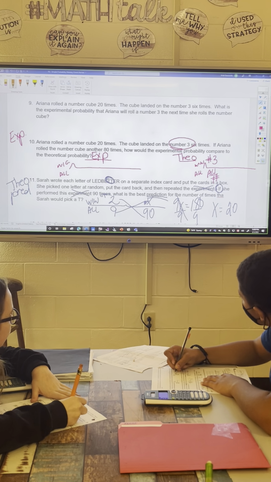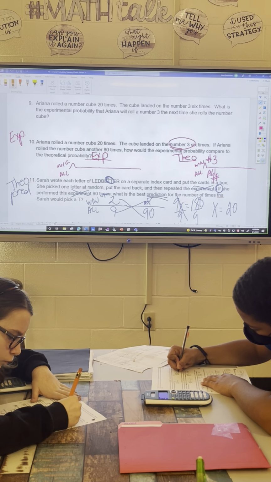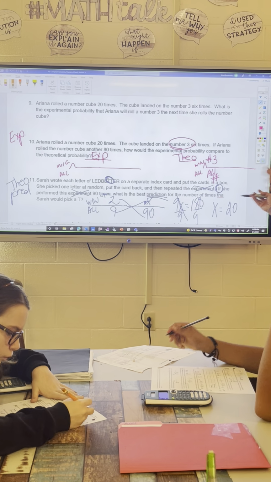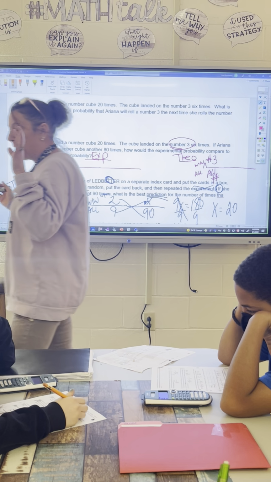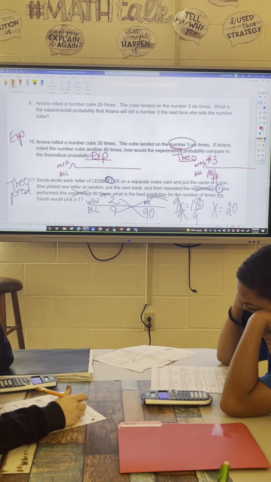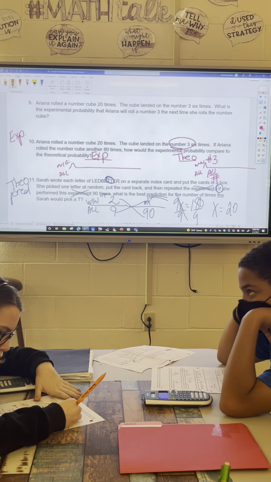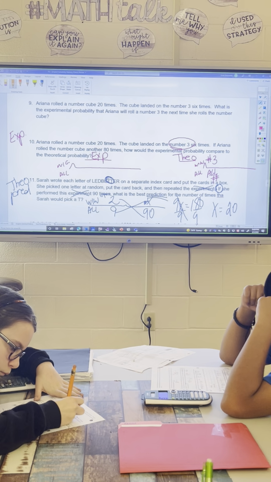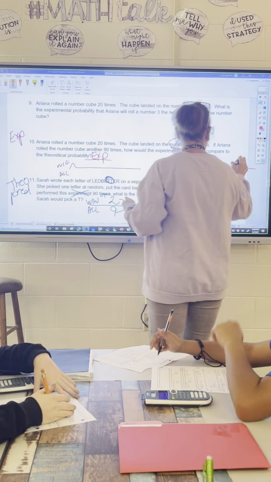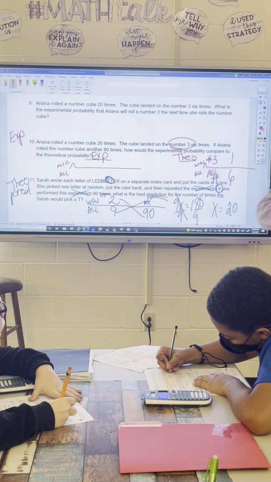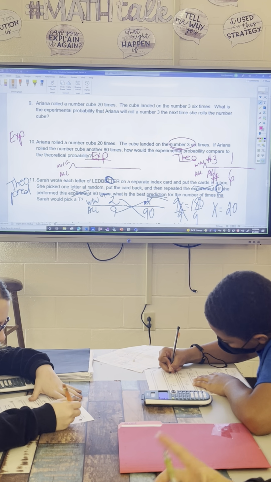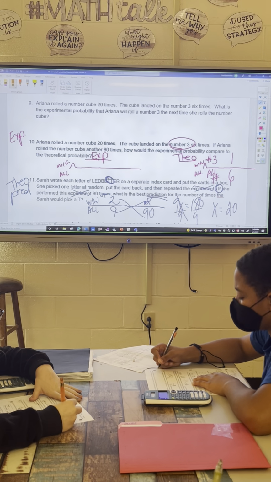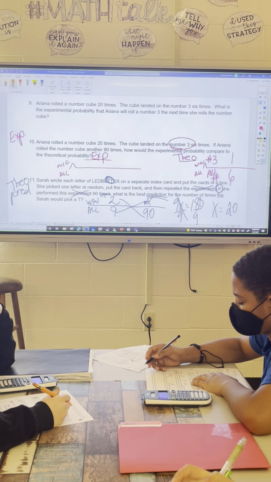Now, theoretically, on a dice, if I have not conducted an experiment, and I pick up a dice, what is the probability of rolling a 3? 1 out of 6. There's 1 three out of 6 numbers.